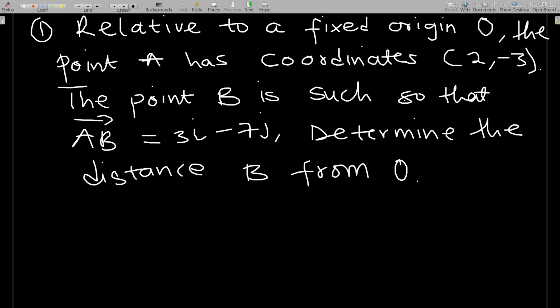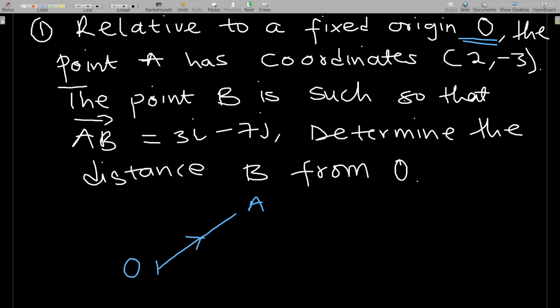Our first question says that relative to an origin O, the point A has coordinates 2, -3. If I have the origin O here, then the point A is relative to that, so A from O is like this.